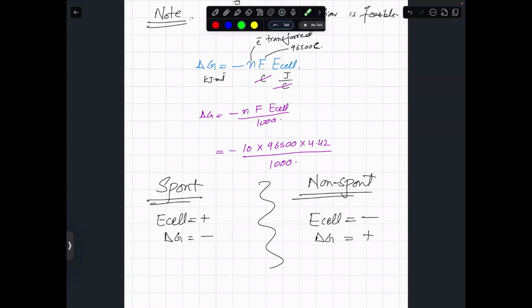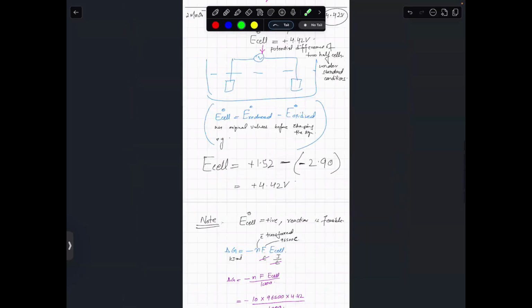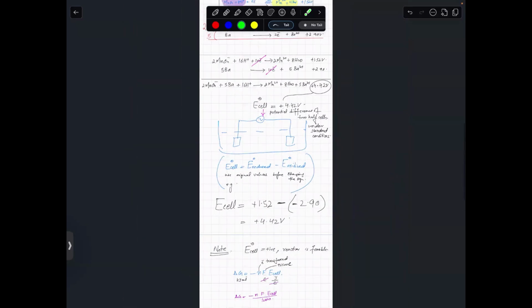Of course, if it is positive, the positive and negative become negative. If it is negative, negative into negative becomes positive. So when you construct the equation, you know the electrons transferred, you know the constant, you can put this in and divide it by 1000.